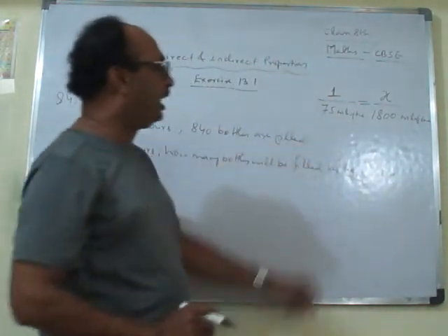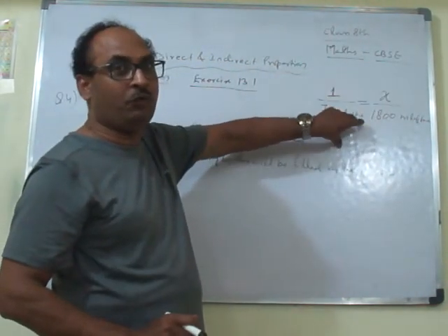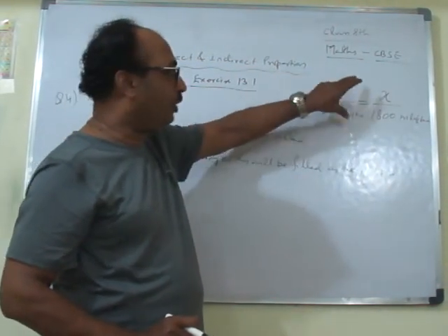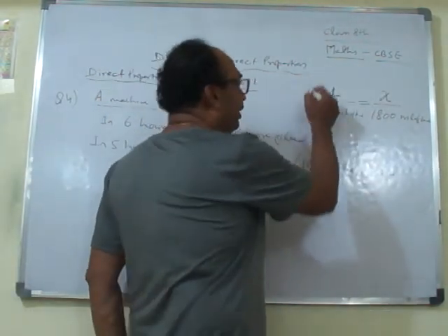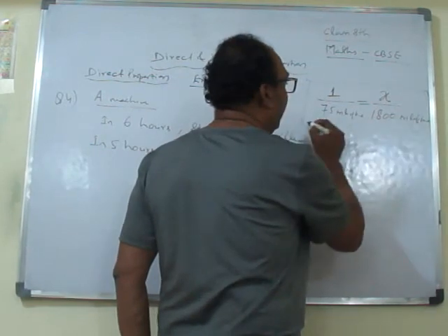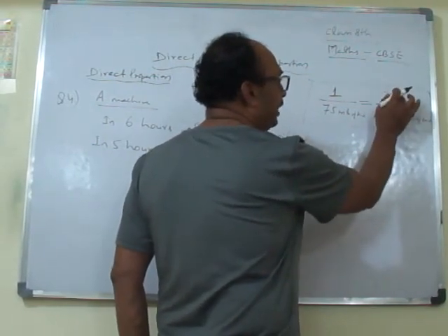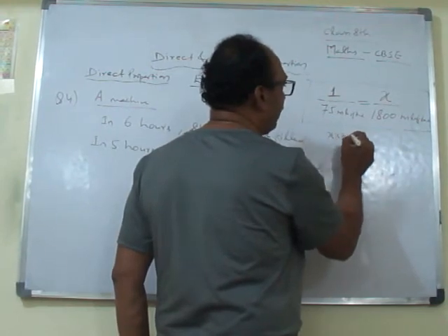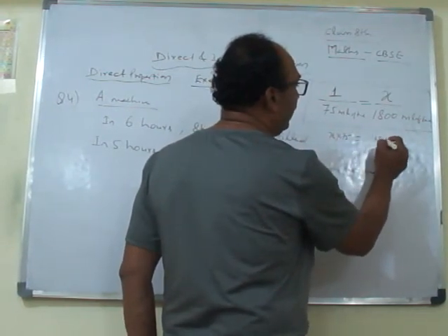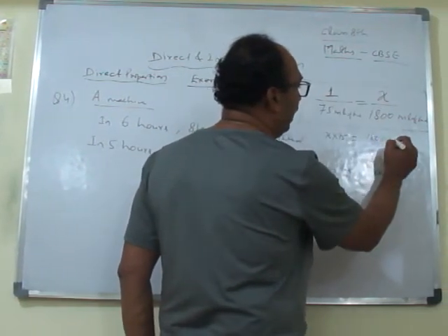So our direct proportion we have to create like this. Okay, what we solved, we had created it that way. Here this type of proportion has to be created. If X parts of red pigment, then X into 75 will give you 1800 into 1 milliliter of base.